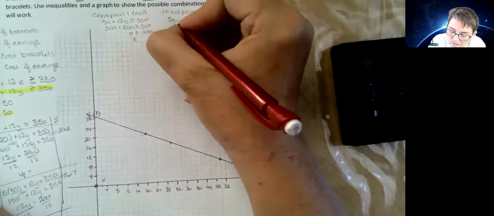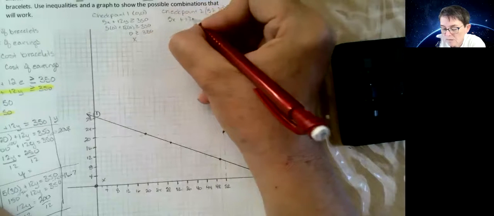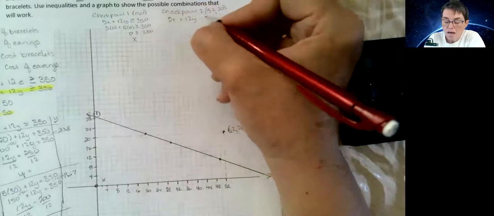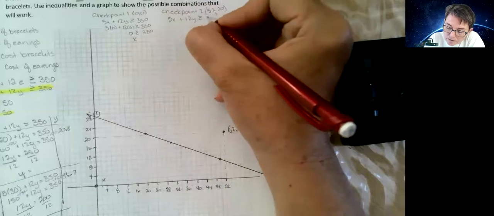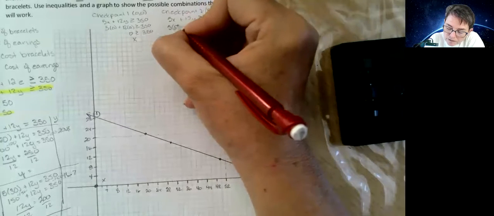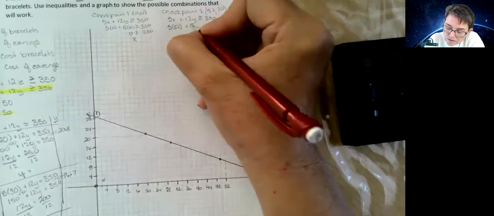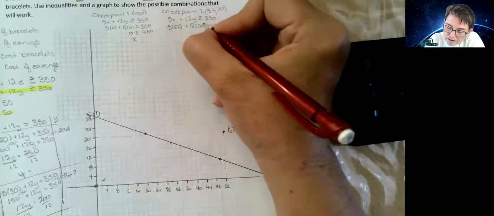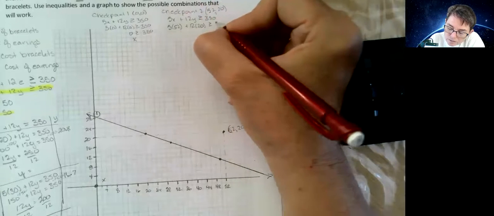So 5x plus 12y is greater than or equal to 350. So 5 times 52 plus 12 times 20 is greater than or equal to 350.